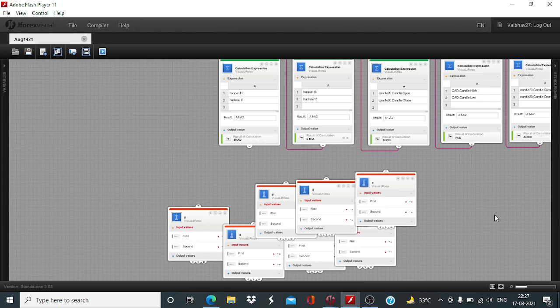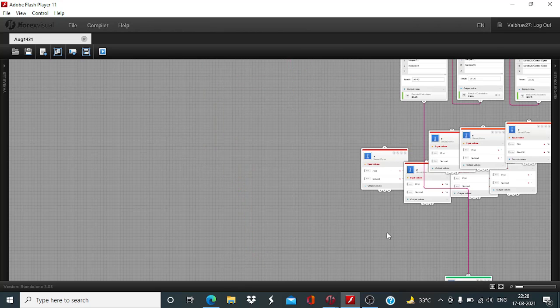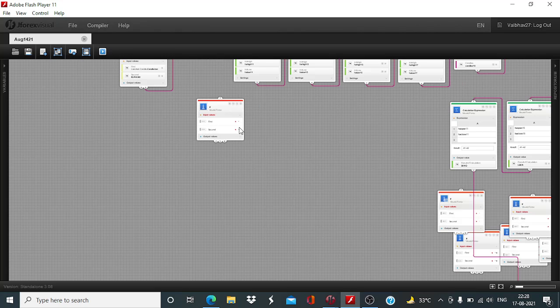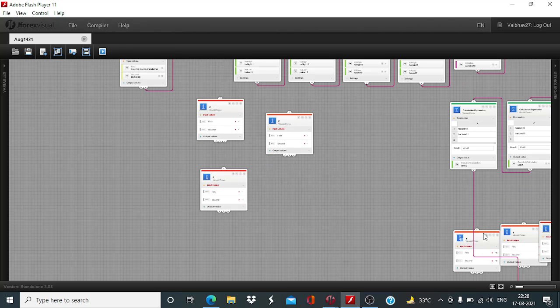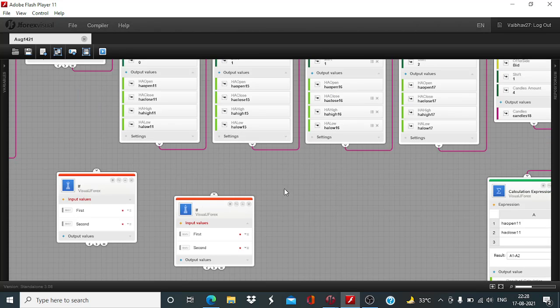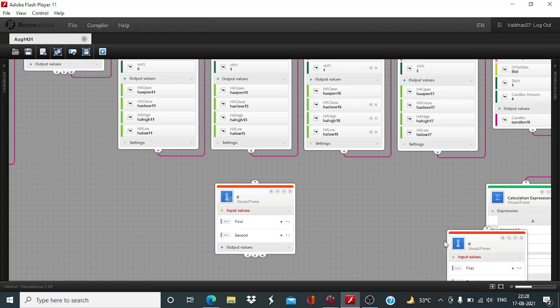Now I will join it to the multiple action block, and let us start defining the conditions for the execution of the sell trade. So we need the crossover in place.